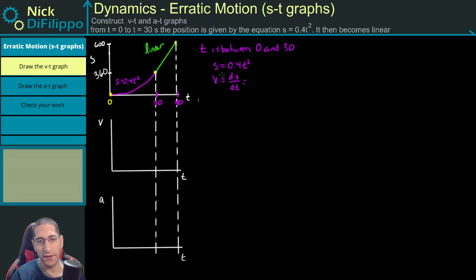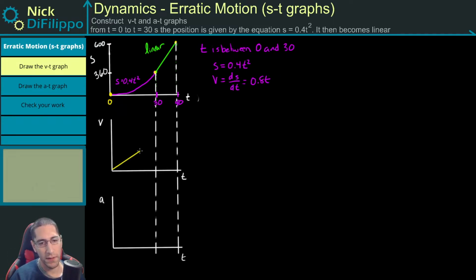So if we take the derivative of this function with respect to time, we get 0.8t. So our velocity from 0 to 30 seconds is a straight line, and this straight line has a slope of 0.8 and a y-intercept of 0.